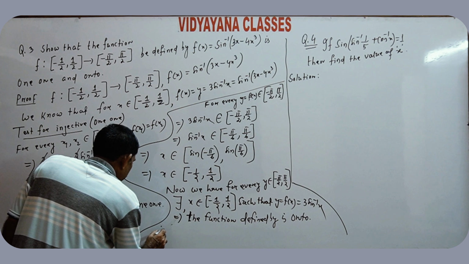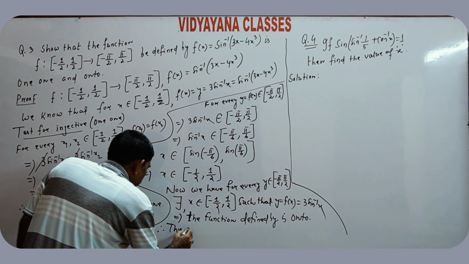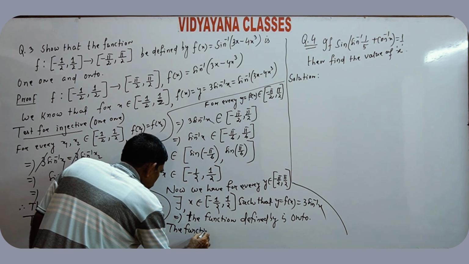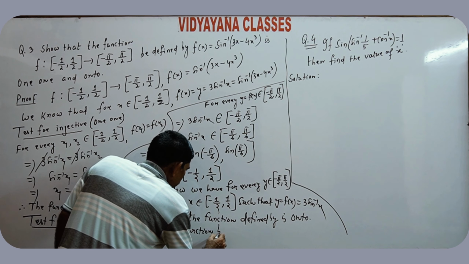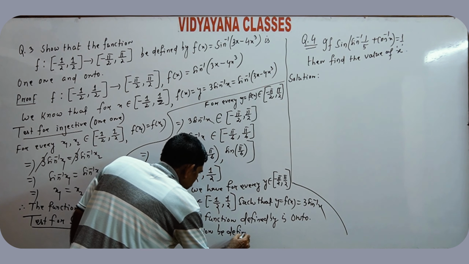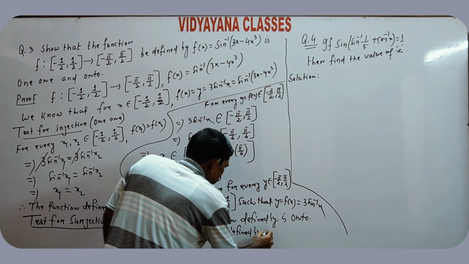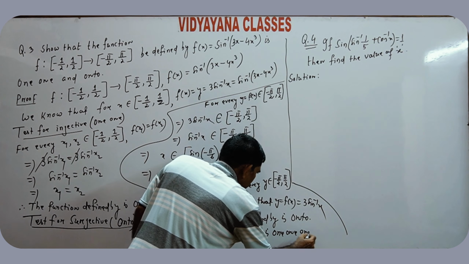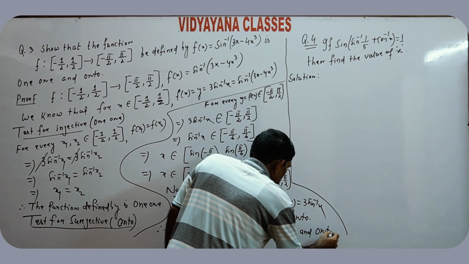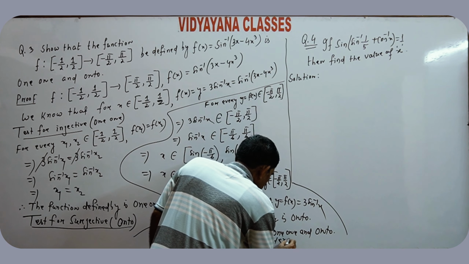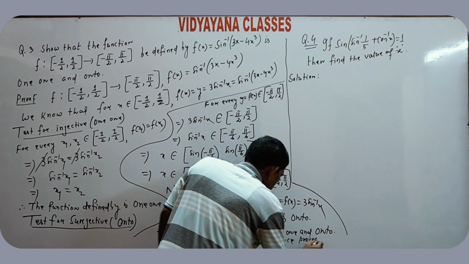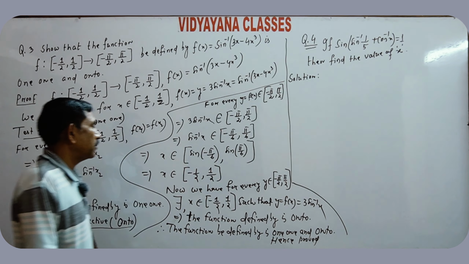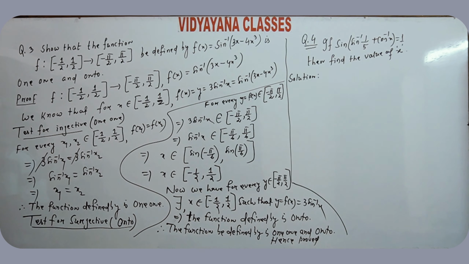Therefore, the function defined by f is one-one and onto. Hence proved. The function defined by f is one-one and onto, that means bijective. Clear?